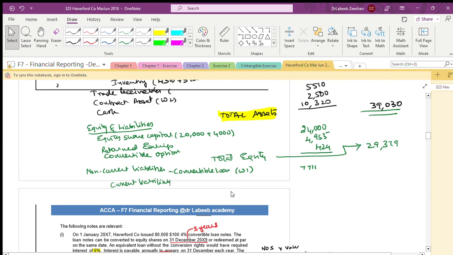24,000 plus 4,955 plus 424 gives 29,379. Then 7,711 plus 1,940.